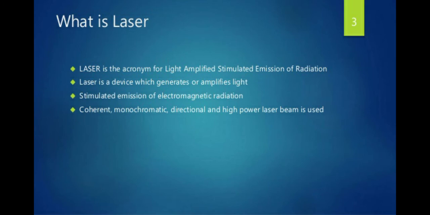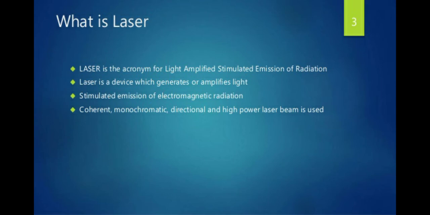The next one is monochromatic, which means only one color. If you use any type of laser, gas, liquid or solid, you will have only one color. That is called monochromatic.